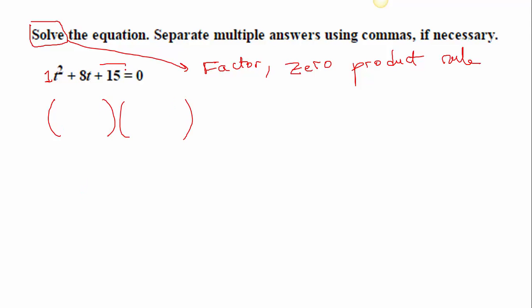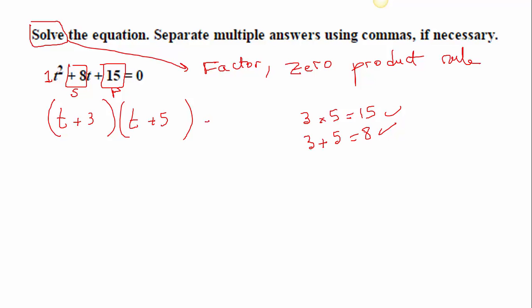We want the product to be 15 and the sum to be 8. So what are the two numbers? 3 times 5 equals 15, and notice everything is positive, so we don't have to worry about the negative sign. 3 plus 5 is 8. We're done. So this would be t plus 3, t plus 5 equals 0.